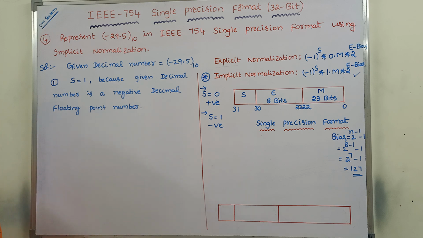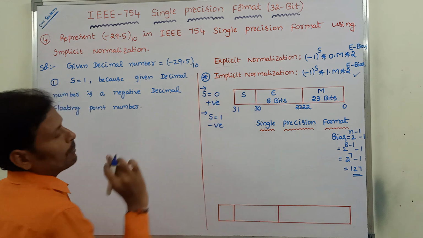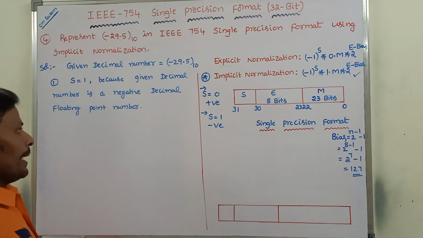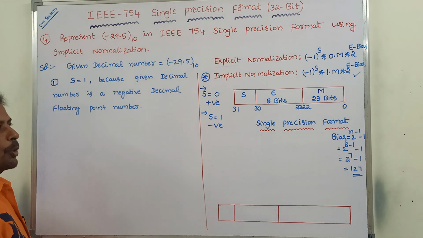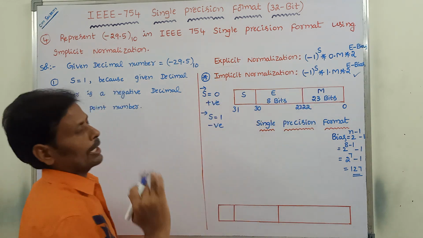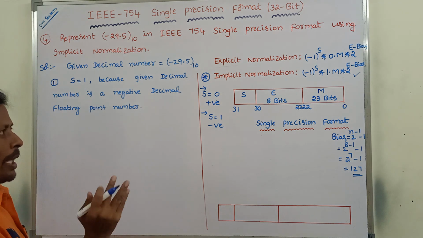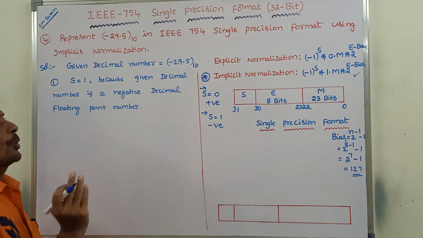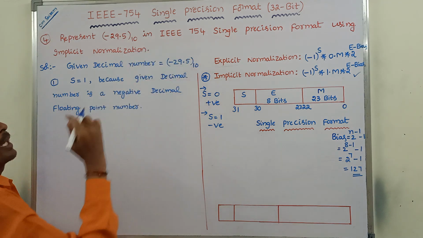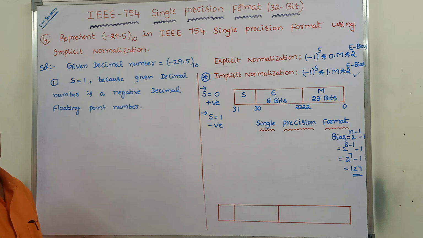Okay, so that is how we know the sign bit value. Next, you have to know the mantissa value M. To know the mantissa value, you have to convert the given decimal number into binary form.